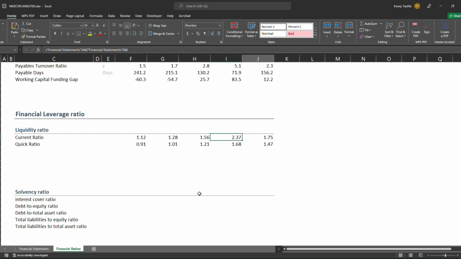Same thing applies for your quick ratio. Approximately, the general thumb rule is 1 to 1. So we can actually see that the company is performing in terms of its quick ratio. And in terms of its current ratio, there's actually improvement and performance, because overall, approximately, you're having a 2 to 1 ratio. So that's the interpretation of liquidity ratio.